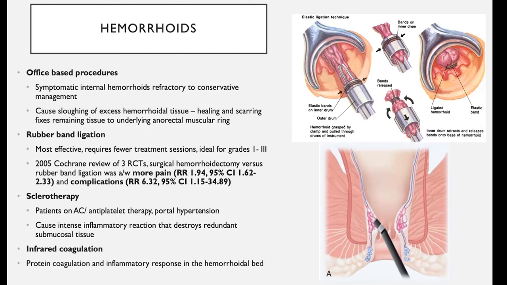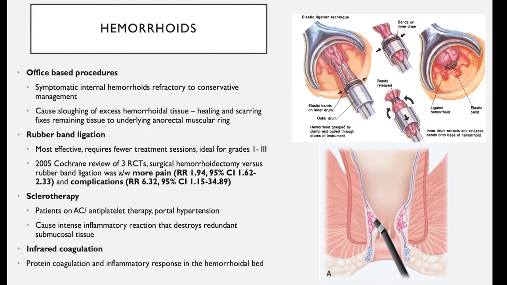Other office-based procedures that can be performed other than rubber band ligation is sclerotherapy. This is where you inject the hemorrhoidal tissue with a sclerosing agent, which causes intense inflammatory reaction and scarring. I've found the only indication is that you can still do this procedure on patients who are on anticoagulation or on antiplatelet therapy, whereas you can't really do surgery and you can't do rubber band ligation.